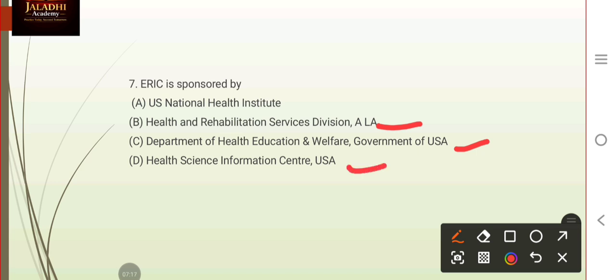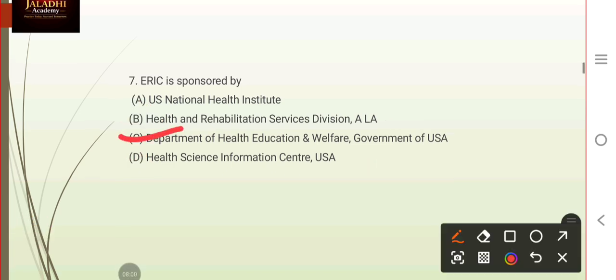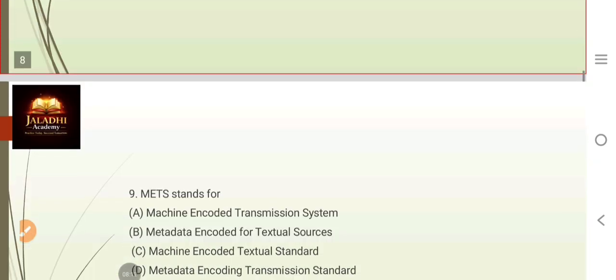The Health Science Center is unrelated to this one, and the National Health Institute has a medical focus, not education only. The correct answer is Department of Health, Education and Welfare, Government of USA, option C. ERIC is an education-based system sponsored by the US government. Next, move to the next question.